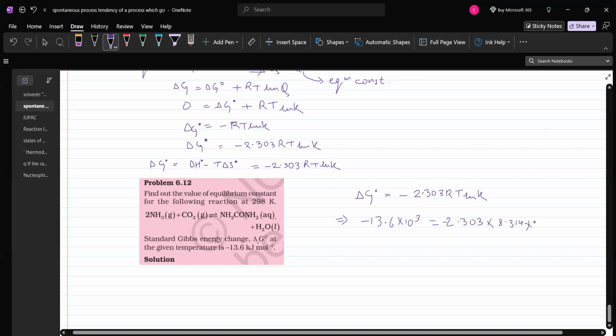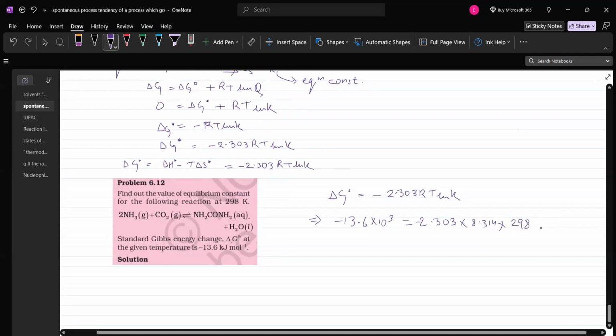We'll put the value of T, given as 298. We don't have to change the temperature, it is already given in Kelvin, and we will put this log K. So we will solve this equation. We will put this in the denominator, and we will get log K.